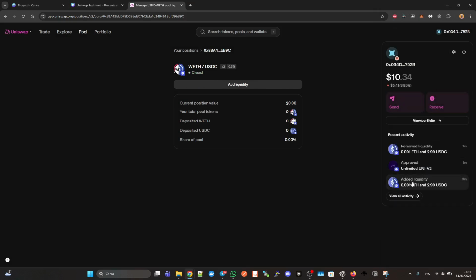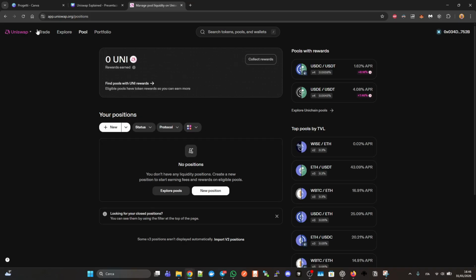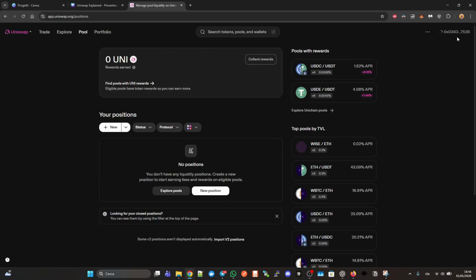Okay, here this was the transaction we did before, added the liquidity, now we remove the liquidity. Our position, okay, we don't have any position, let's try to refresh. Okay, it's empty.